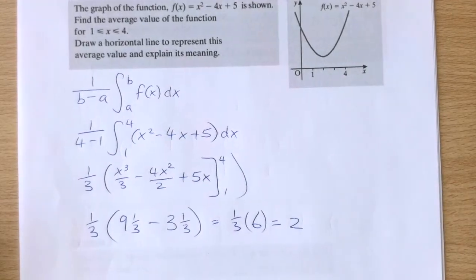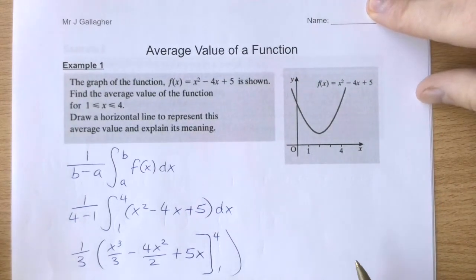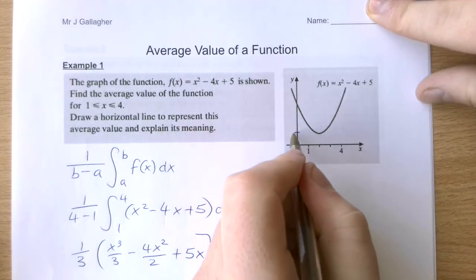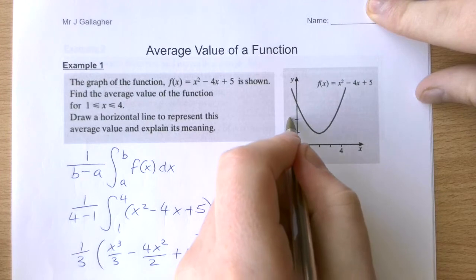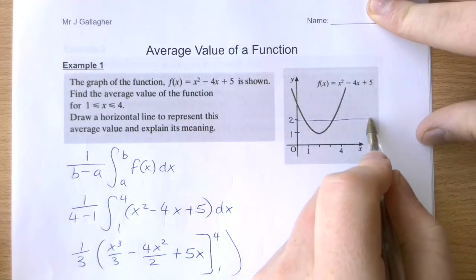Now, in the context of the question, we'll come back up here. If we had our x values, here are our y values of 1 and 2. What this means is we have to draw the horizontal line, which is this one here.